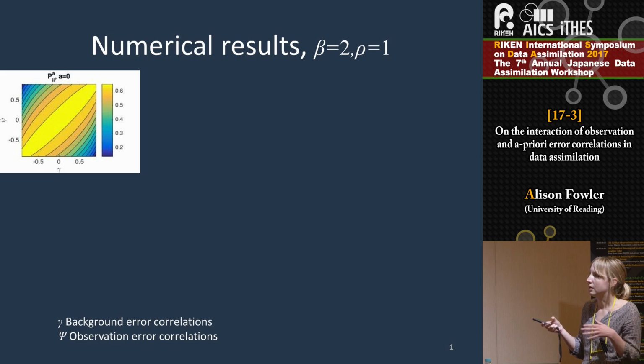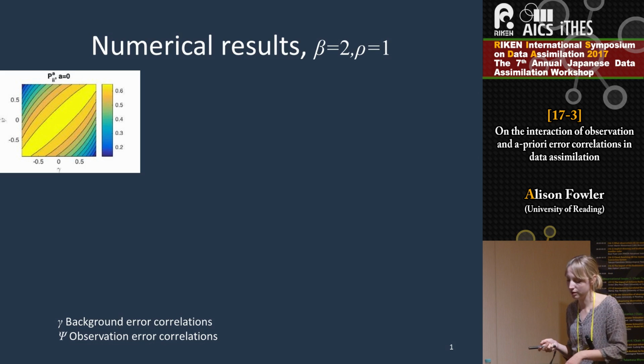Again, we can understand this because in that case, both the observations and the prior are telling you about the same scales, whereas if you come out to these regions where we have very different structures in our observation and background error correlations, then we're getting information about different scales, and we're more able to reduce the analysis uncertainty at all scales.